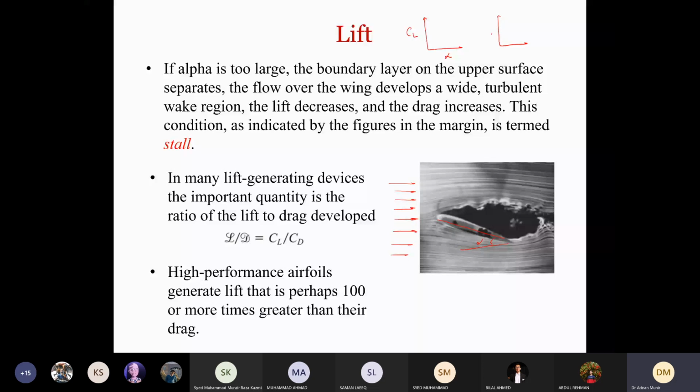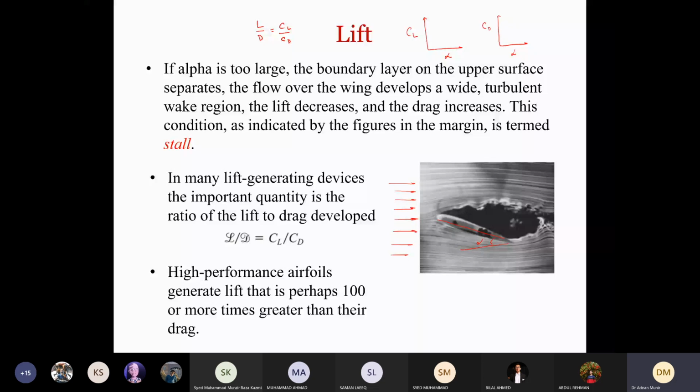Now in lift generating devices such as aircraft, we are interested in maximizing the L by D ratio. Why? Because we need more CL and less drag. More CL, it will be capable of lifting the aircraft, and less CD, we will be needing an engine with less power, right?